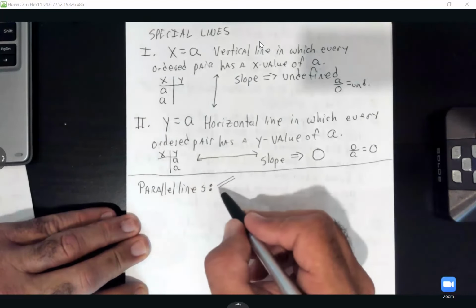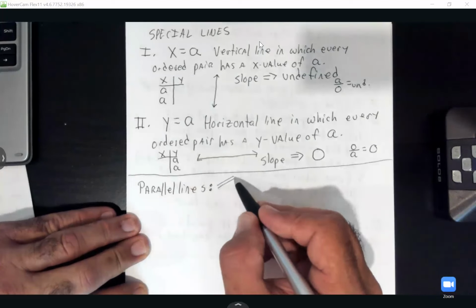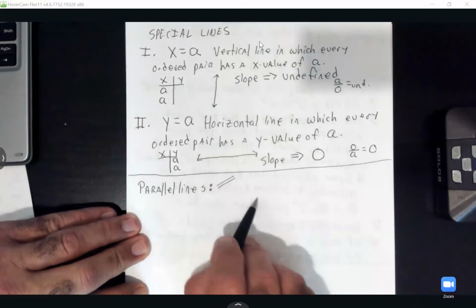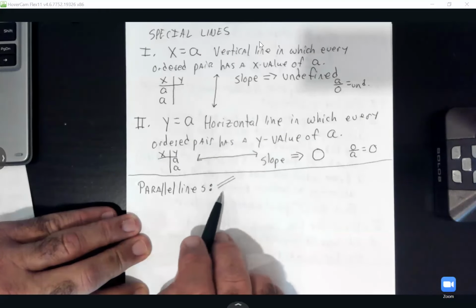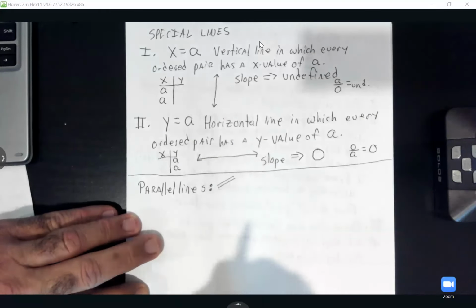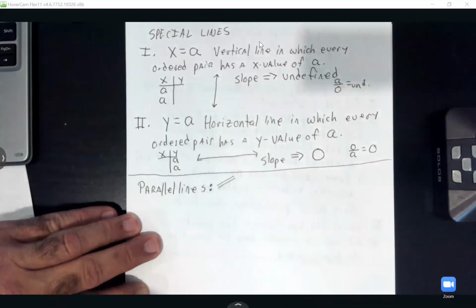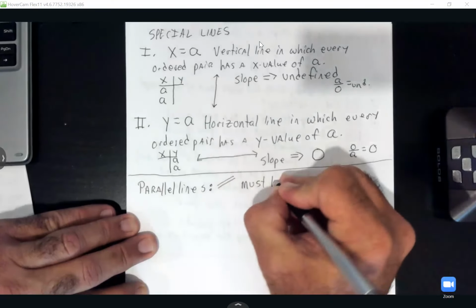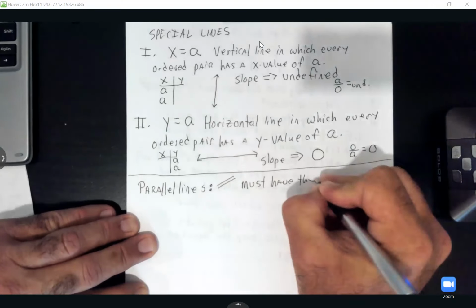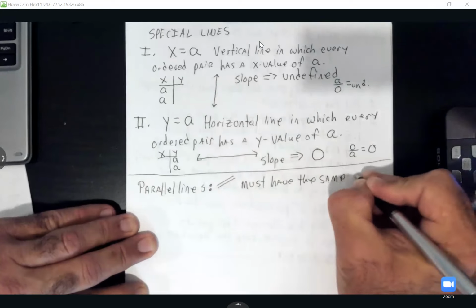If this was going uphill, the parallel line is going to go uphill. If one line was going downhill, the parallel line would go downhill. But for lines to be parallel, that means their slopes have to be the same. So they must have the same slopes.